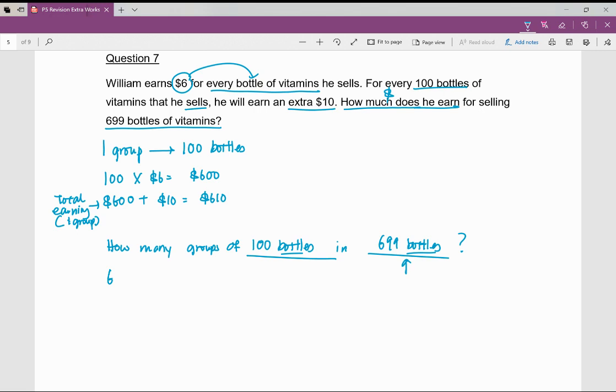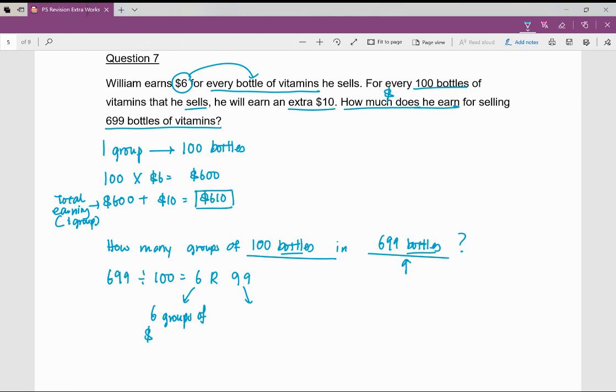So I take 699, divide by 100. I actually have 6, remainder 99. So this 6 and this 99, let's figure out what it actually represents. So I want to know the money at the end, how much it earns. So I'll have 6 groups of, one group the money is $610.